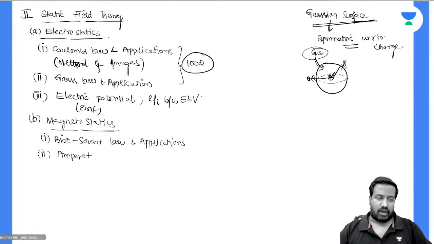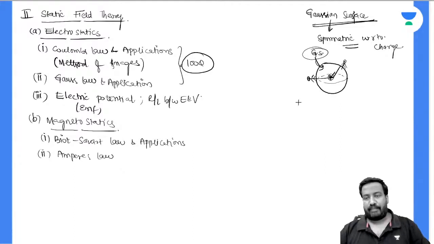Next, Ampere's law. It is a special law that governs magnetostatics, applicable only on Amperian paths. An Amperian path is one which is symmetric with respect to current distribution.